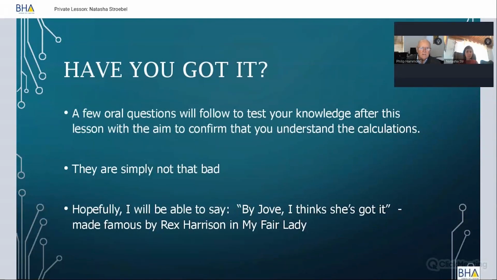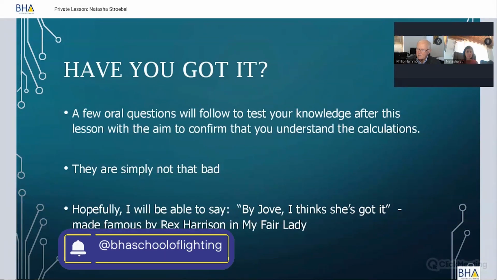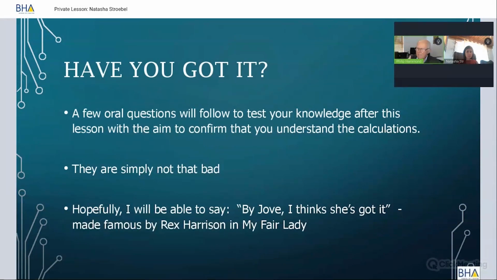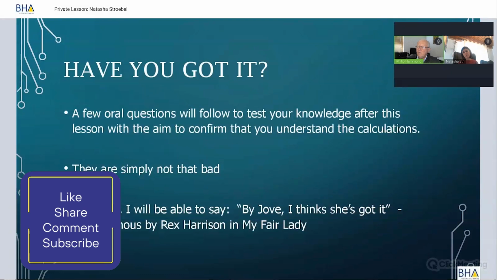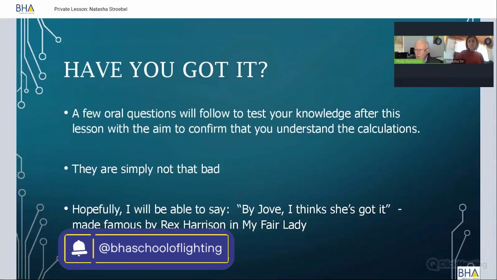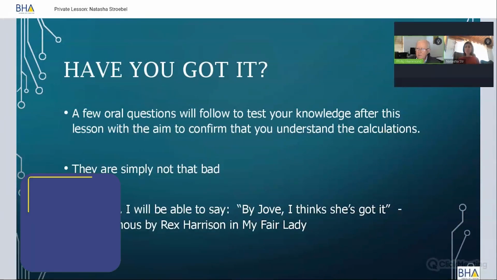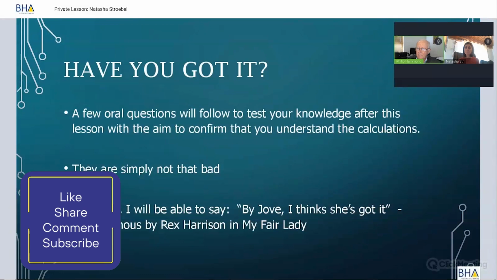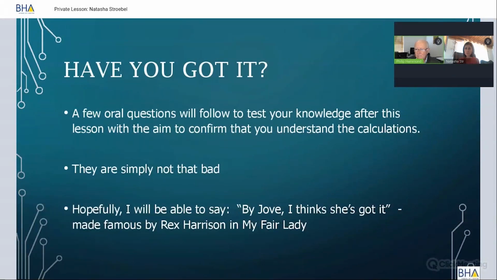So let's see what we've covered. In the process, we covered in the first instance the calculation form, which you should be familiar with already in Module 7, with the yellow spaces.